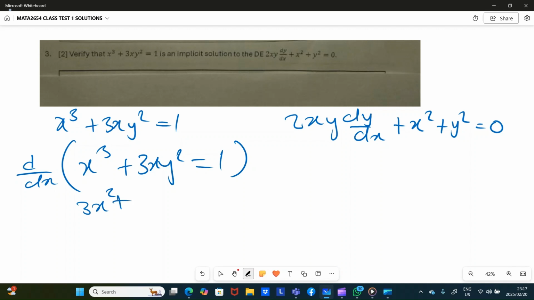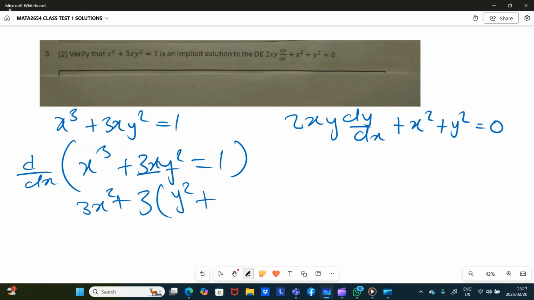Then plus, here we see that it is a product of two functions, 3x and y squared. That means we have to apply the product rule. Let's not mind the constant 3, we can keep it as it is. Then it is x times y squared. Let's derive x and leave y squared. The derivative of x is just 1, so we are left with y squared.